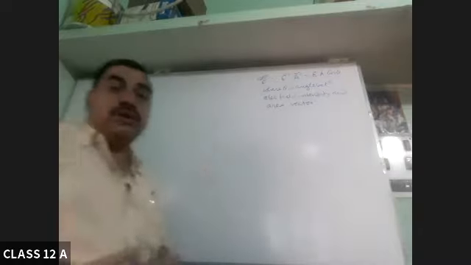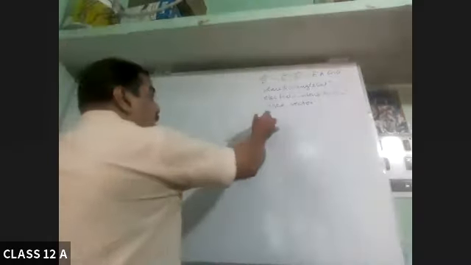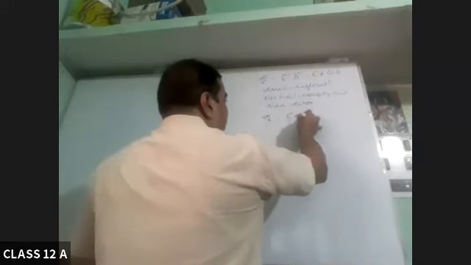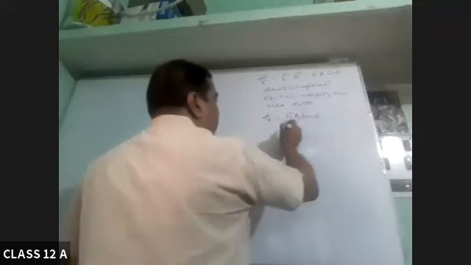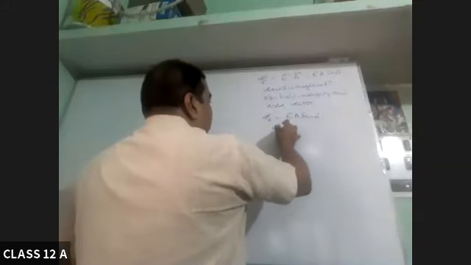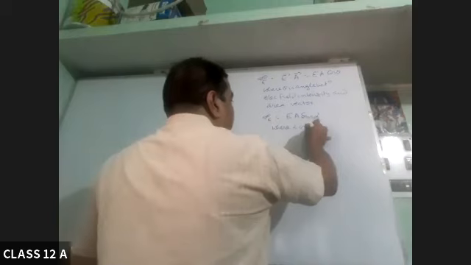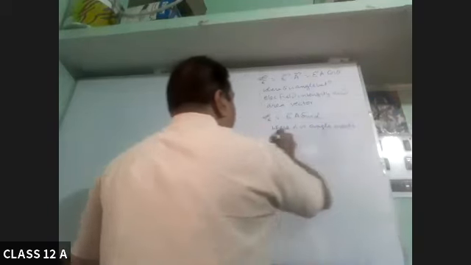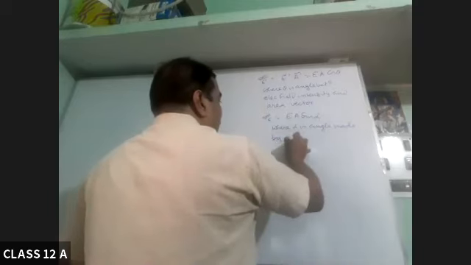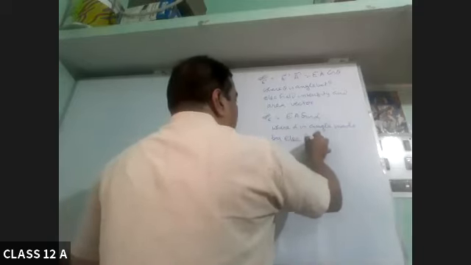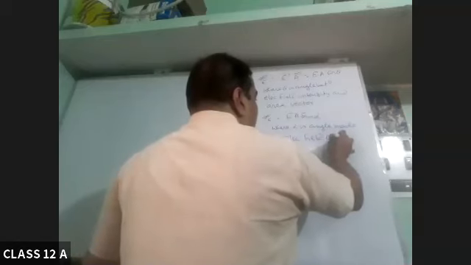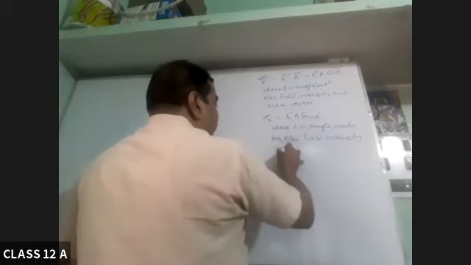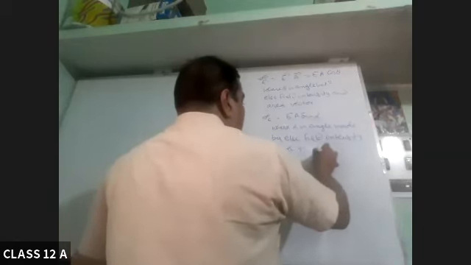If the angle is given with the surface, then this phi will be EA sine alpha, we have seen, where alpha is the angle made by electric field intensity with the surface.